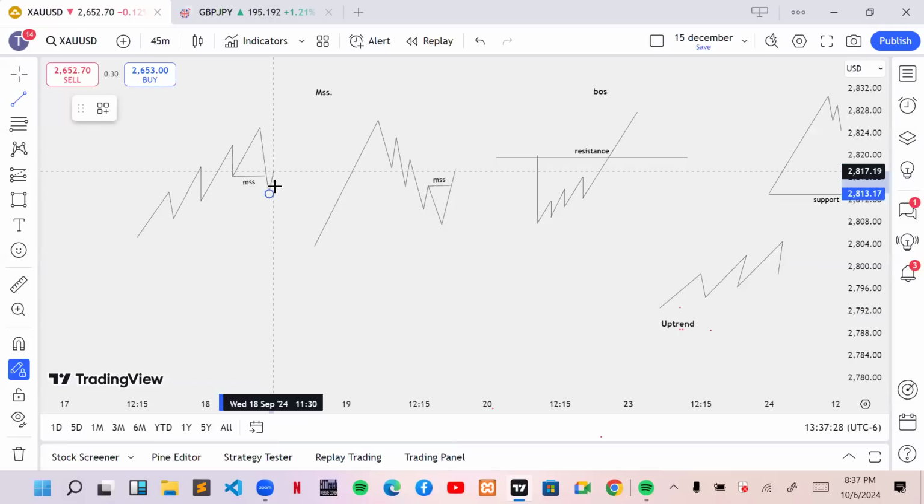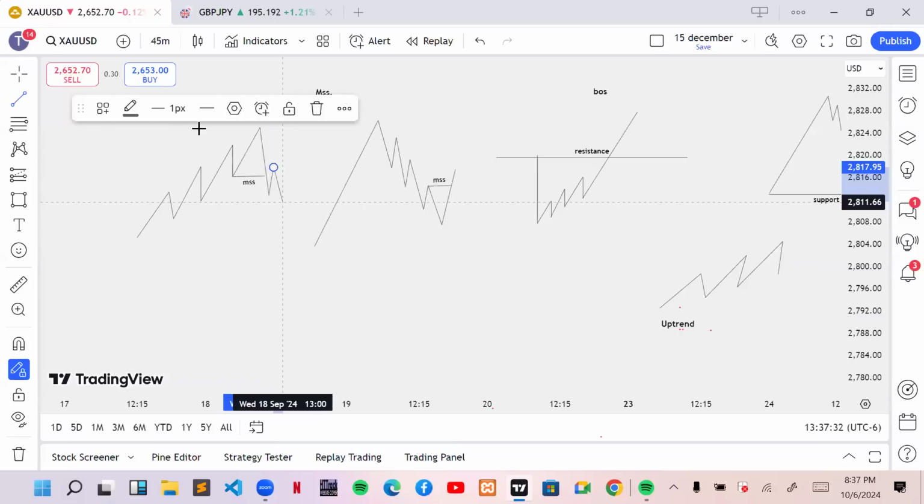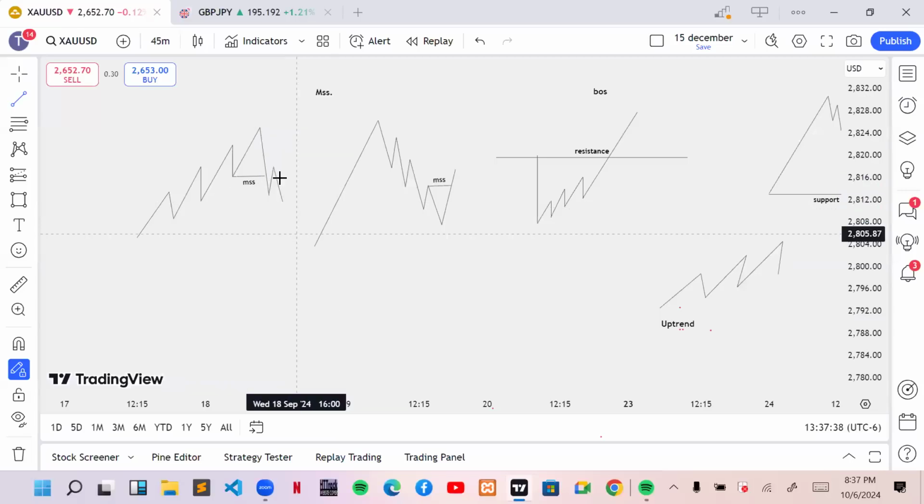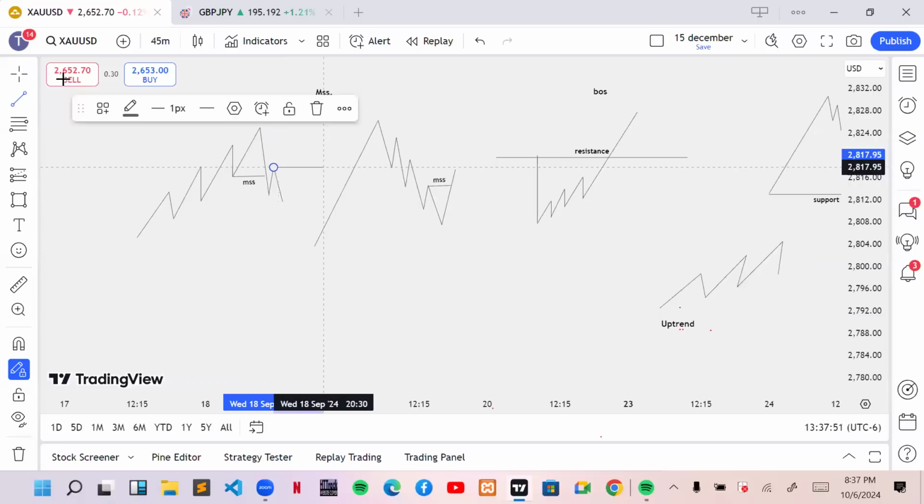The market will continue going in the direction that it broke structure to. So market broke structure to the downside. After breaking structure to the downside, it will make a pullback. This pullback that market makes close to the zone it broke structure from is your inducement. That is what my liquidity is. So this is the inducement for this case.